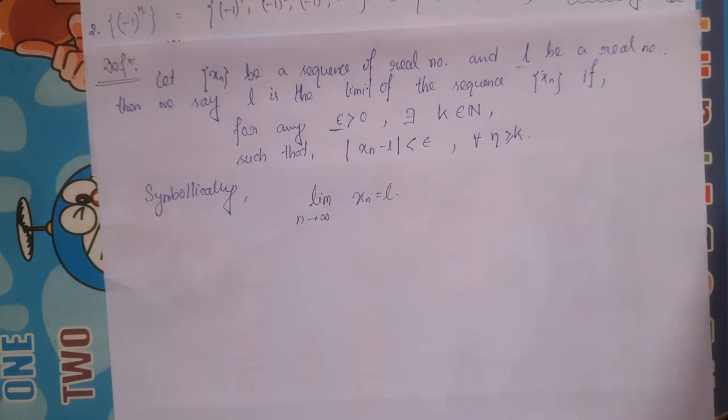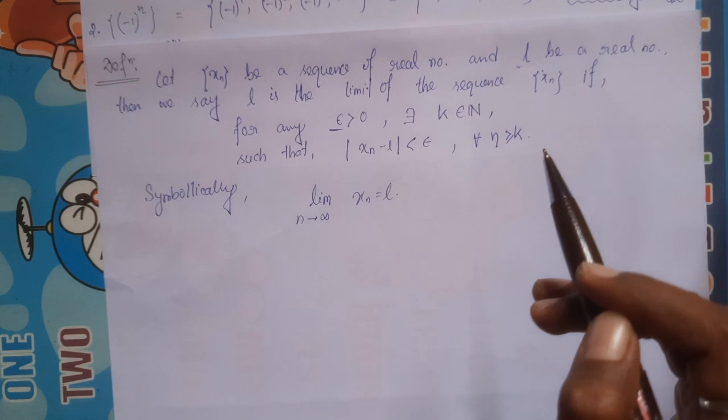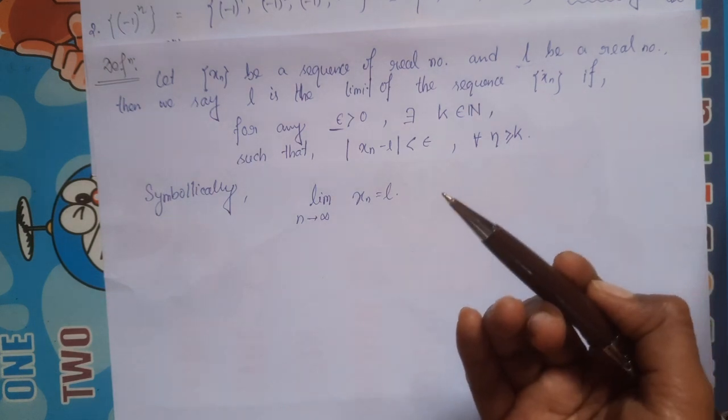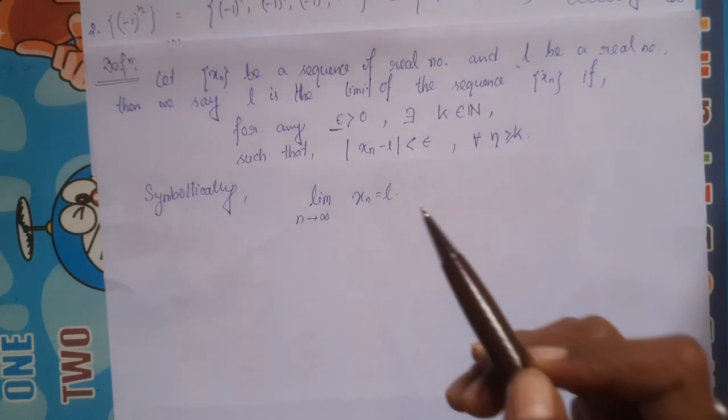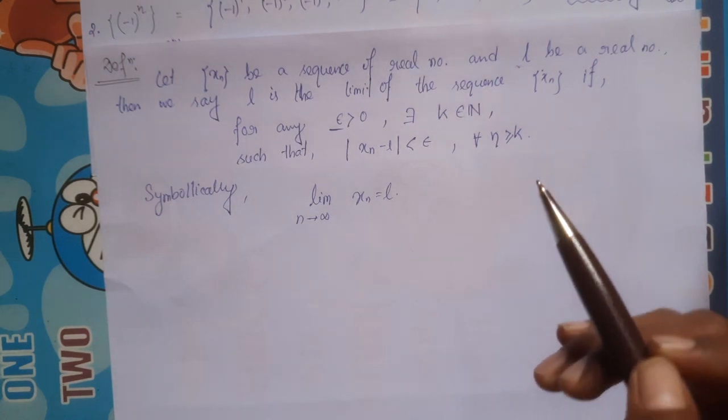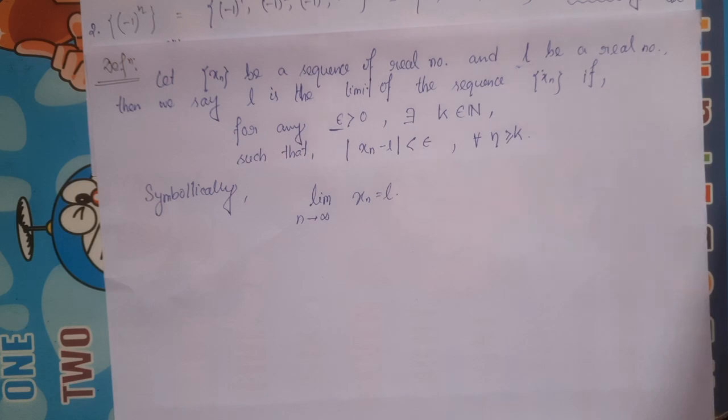Limit n tends to infinity x_n equals L, that is the limiting value of the sequence at n tends to infinity will be that point, and that point is called the limit of a sequence, okay. And remember one thing, the limit of a sequence is unique. The limit of a sequence is unique.